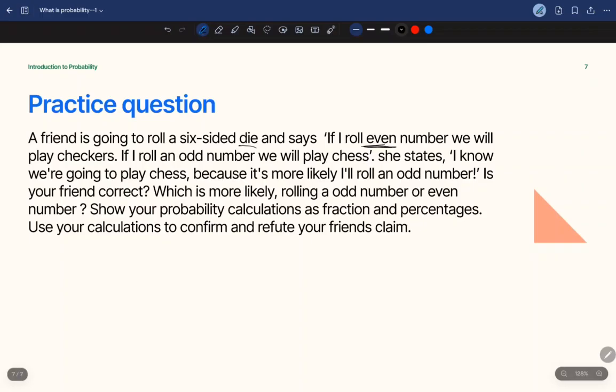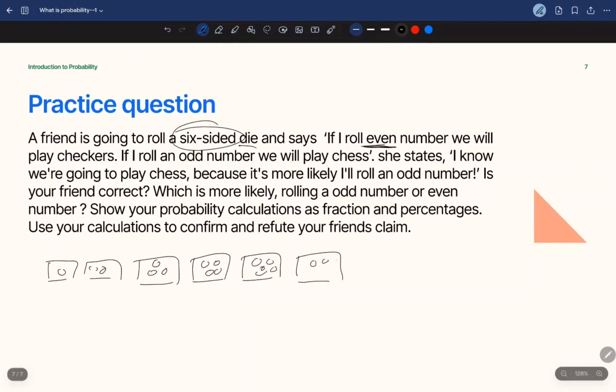In a 6-sided dice, as mentioned, there's 1, 2, 3, 4, 5, and 6. Now we should see which are the even and odd numbers. The odd numbers here are 1, 3, and 5.